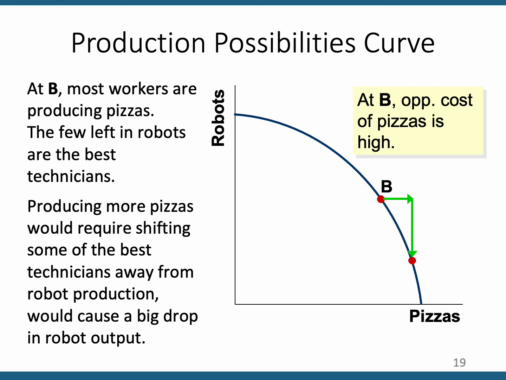The horizontal arrow shows you what you gain in pizzas. So look at the size of that arrow. Compare it to the lost robot production. That is the length of that vertical arrow that's pointing downwards. That's how many robots you're losing per week. Now, the loss in robots compared to the gain in pizzas is much greater. And again, that's why a curve represents the law of rising opportunity costs.